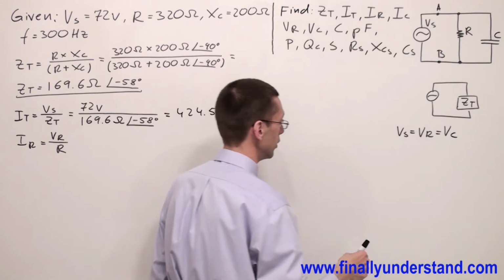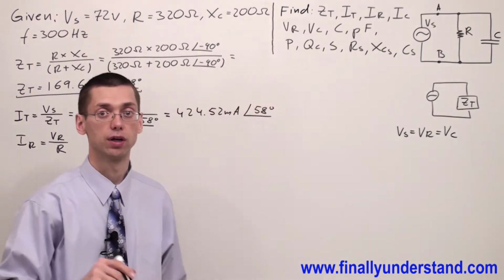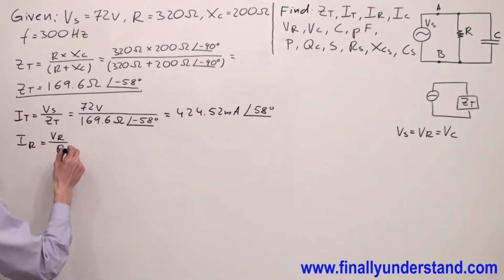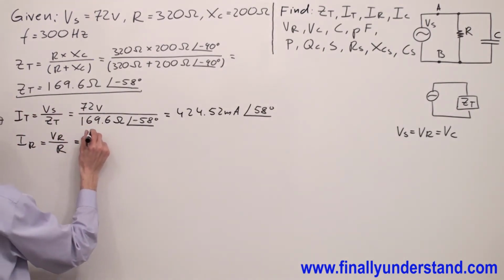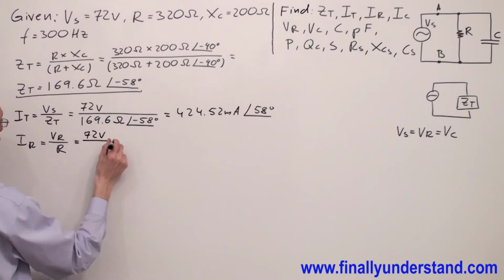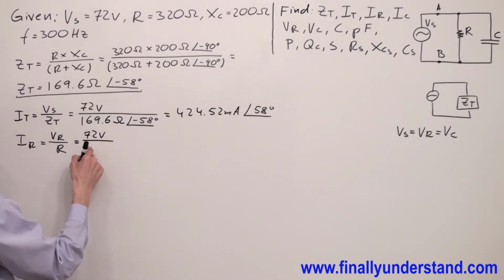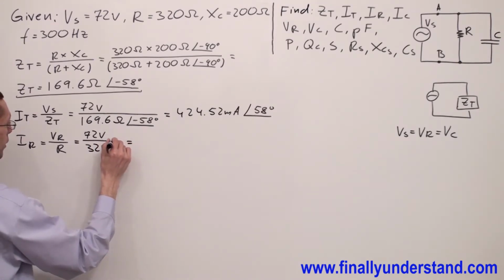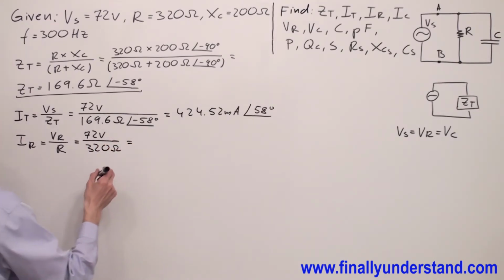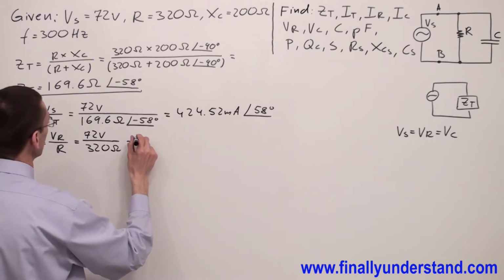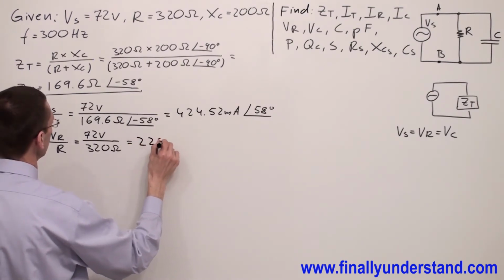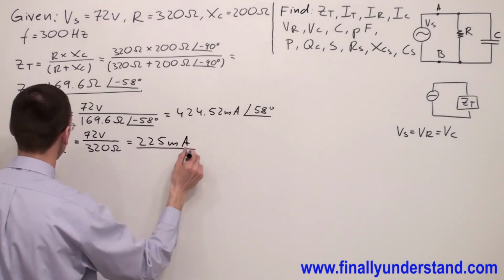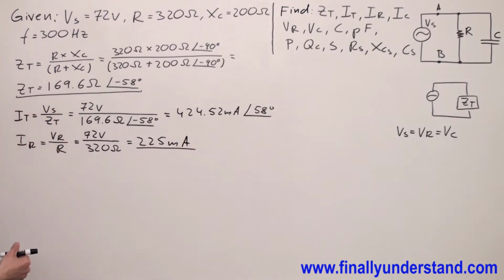Voltages in a parallel circuit are always the same. So I have 72 volts over the resistance, which is 320 ohms. So my IR is 225 milliamps.